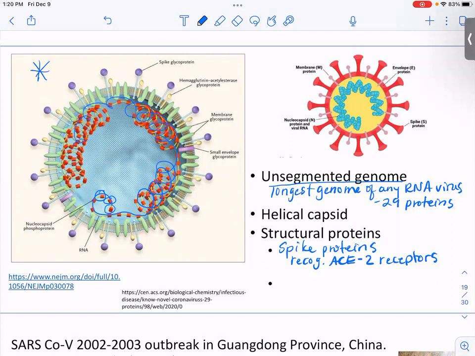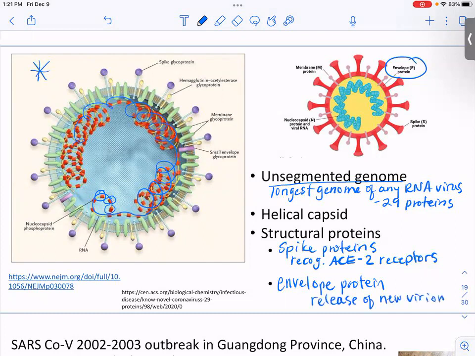So that's what COVID recognizes. And the other structural protein I'll mention here, there's an envelope protein as well that is most important for release of the new virion.